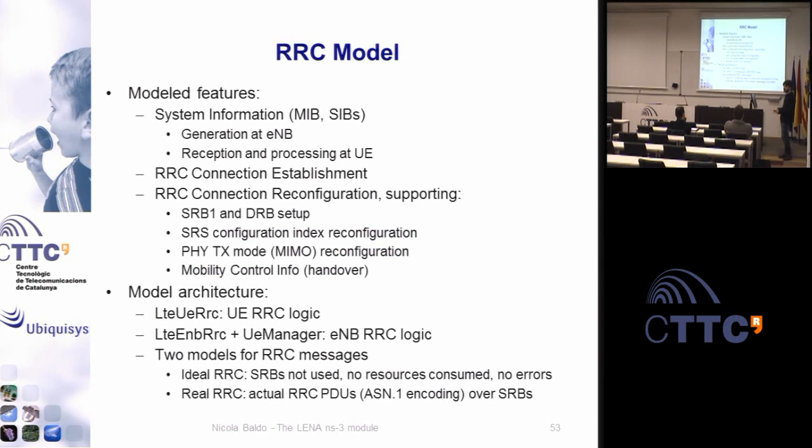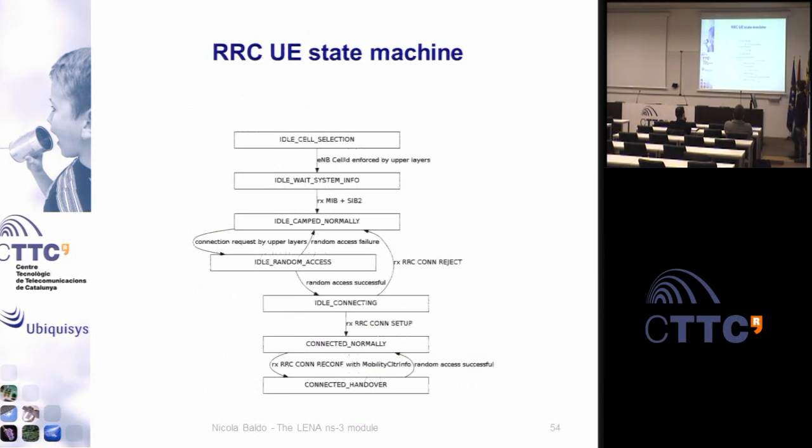In this figure you can see the UE state machine, so the state machine of the RRC at the UE. As you can see, there are some states for idle mode, but they are transient states that are only used at the beginning of the simulation. The reason, as I said in some previous slides, is that the focus of the simulation model is connected mode.